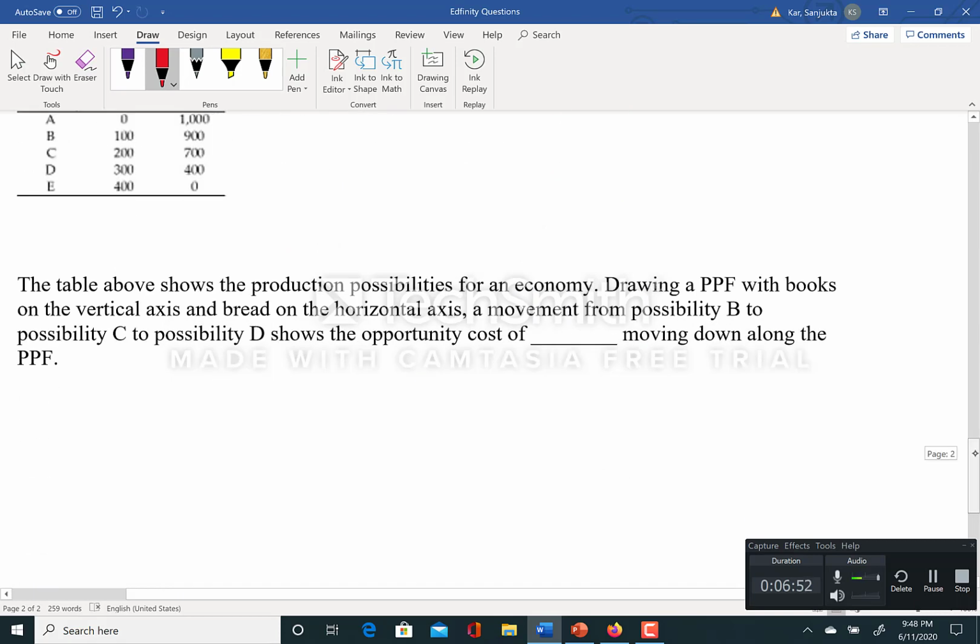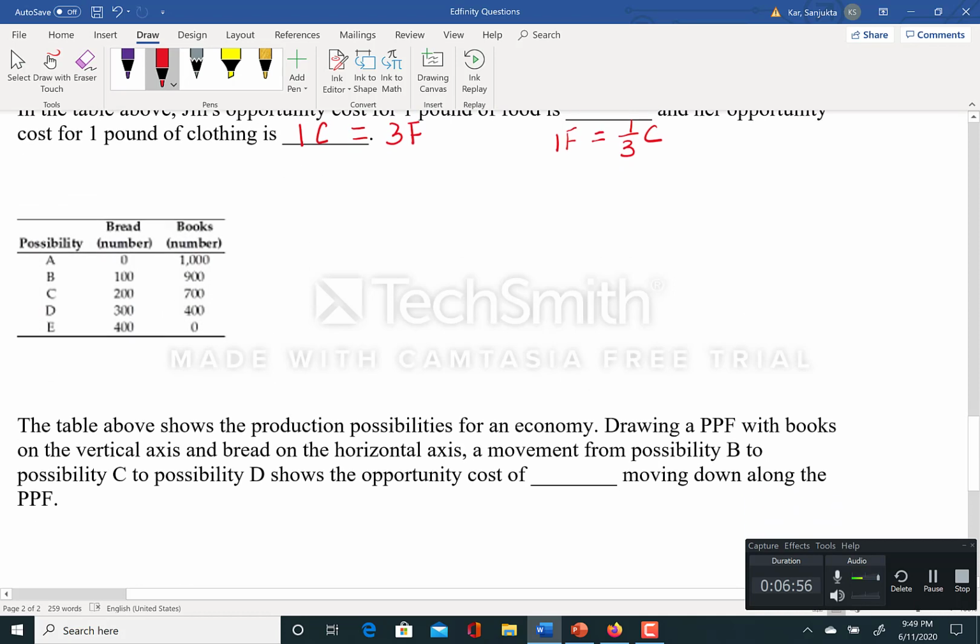Alright, now let's look at the last question here. We are producing bread and books here, and we have bread on the horizontal axis, books on the vertical axis. We keep on moving from B to C to D, and what's going on here? Is the opportunity cost increasing or decreasing?